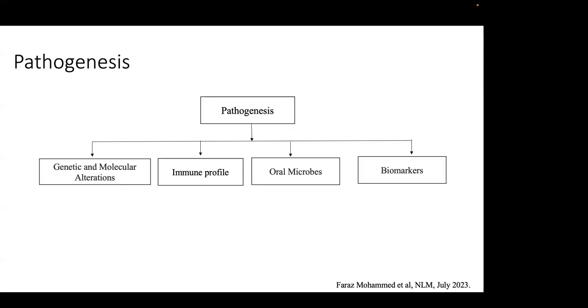In terms of genetic and molecular alterations, they are associated with amplifications, deletions, and insertions of DNA sequences of oncogenic factors, like CDKN2A, EGFR or MYC. These are found to be more associated with oral leukoplakia.